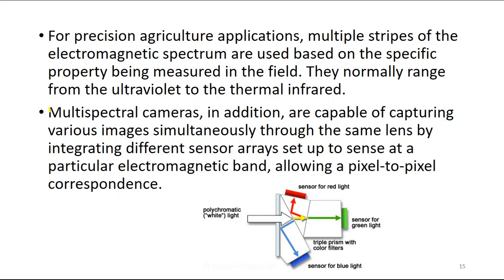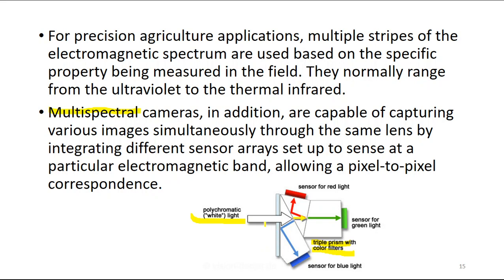So the second paragraph is talking about a multispectral camera, and this image shows the light, which is white light, and we call it polychromatic light. This polychromatic light can be separated by a prism. Here we have a triple prism, or one with a color filter.